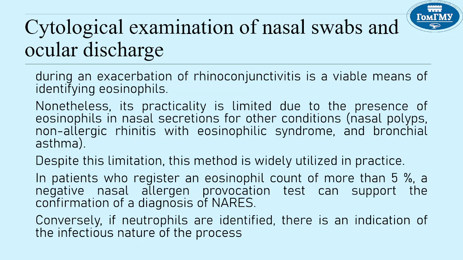Despite this limitation, this method is widely utilized in practice. In patients who register an eosinophil count of more than 5%, a negative nasal allergen provocation test can support the confirmation of a diagnosis of non-eosinophilic allergic rhinitis. Conversely, if neutrophils are identified, there is an indication of the infectious nature of the process.